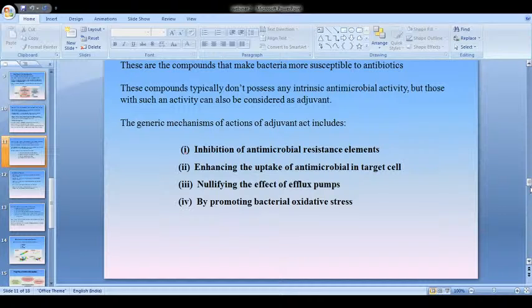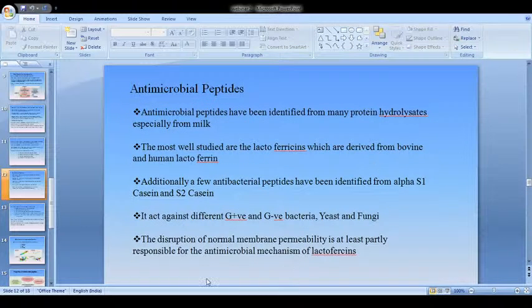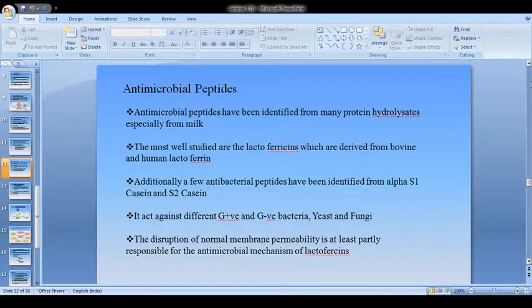Then the next one is antimicrobial peptides. These antimicrobial peptides have been identified from many protein hydrolysates, especially from milk, and the most well studied are the lactoferrins, which are derived from bovine serum and also human lactoferrin.